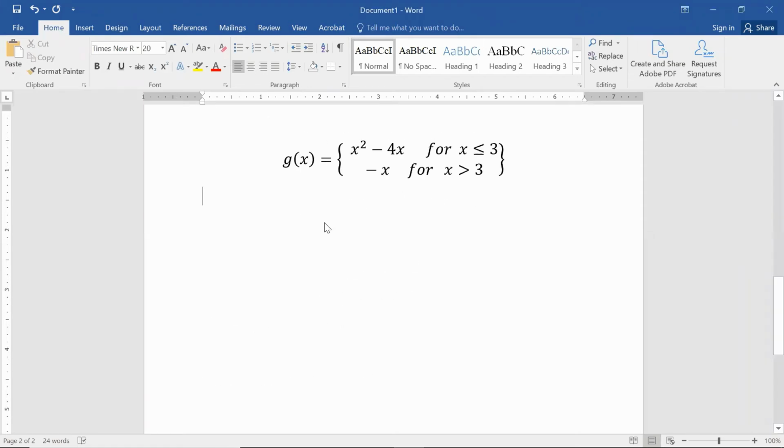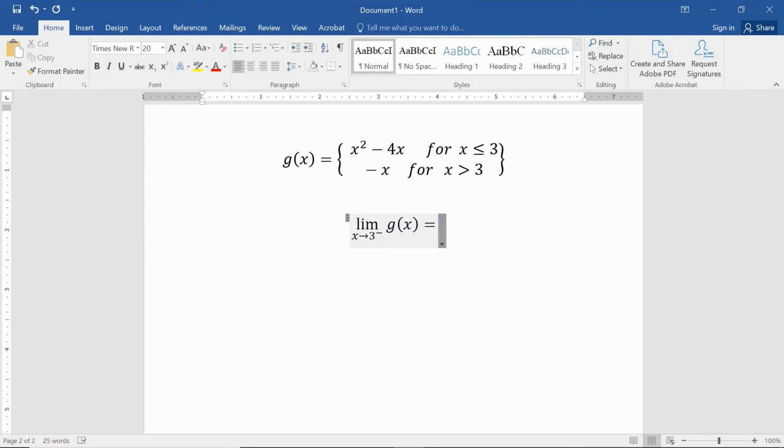Let's take a look at g of x, polynomials defined everywhere except for we have this thing happening at 3. So let's take a look at the limit as x approaches 3 from the left of our function g of x.